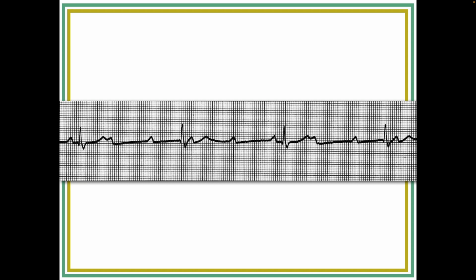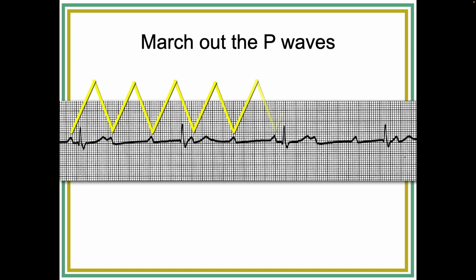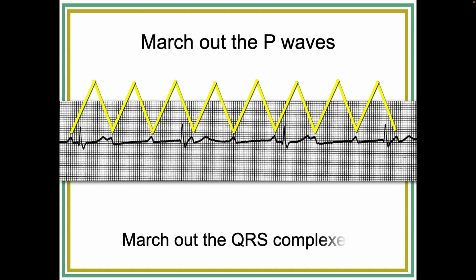So you should start suspecting AV block. The first thing you do is take your calipers and march out, this is step one, but it's the part of step one that we've never had to do before. We march out the P's, okay? Take your calipers and march them out. And then march out the QRS complexes.